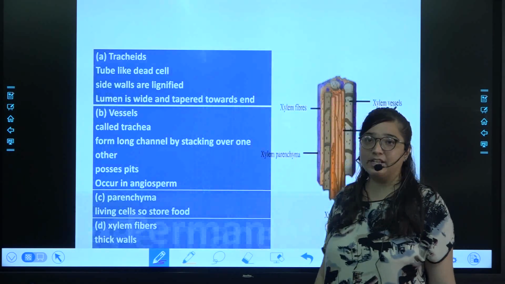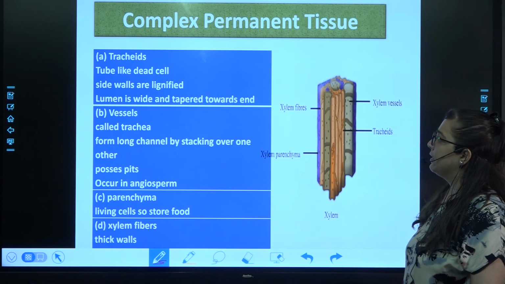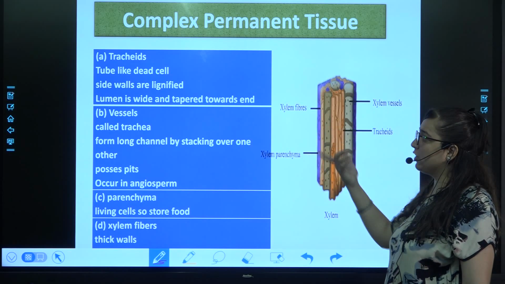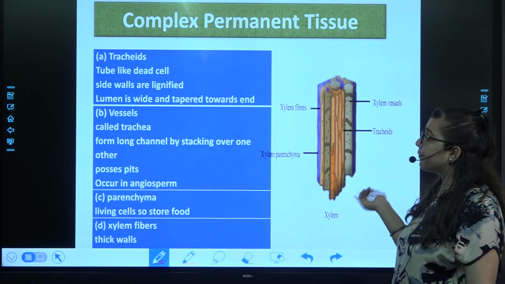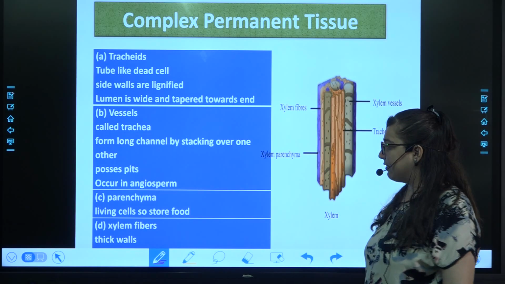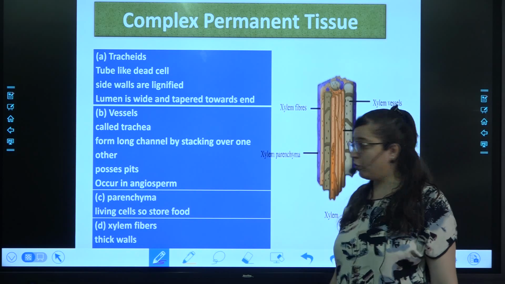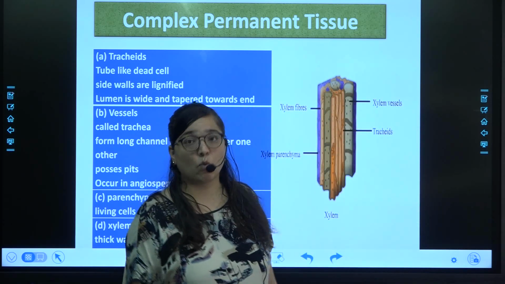Side walls are lignified, lumen is wide and tapered towards the end, vessels are stacked one over the another. Possess pits. Parenchyma, in that living cells are there, so it will store food, while the xylem fibers have the thick walls.